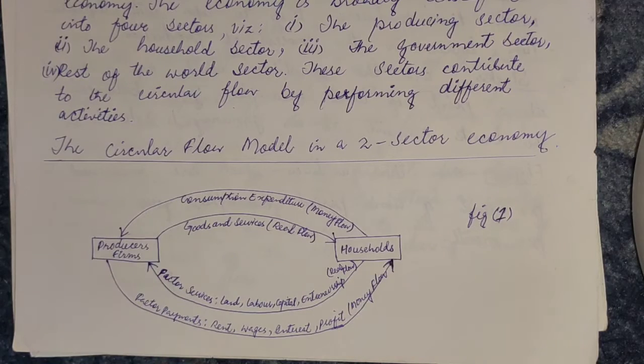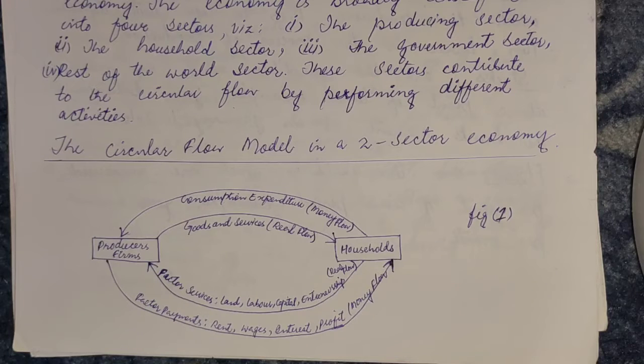See, we consider a very simple economy consisting of only two sectors, the producing sector and the household sector. We assume that there is no government and also there is no rest of the world sector, implying that there is no export and import of the domestic economy, or that a domestic economy is a closed economy.